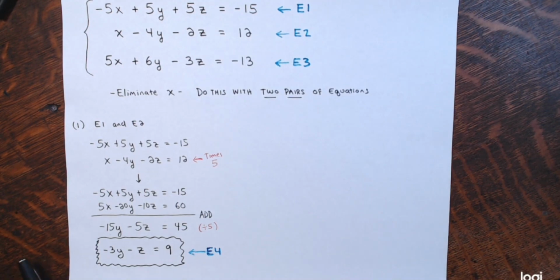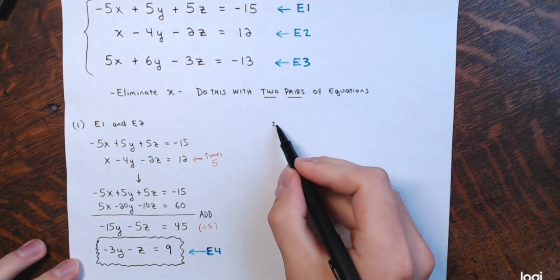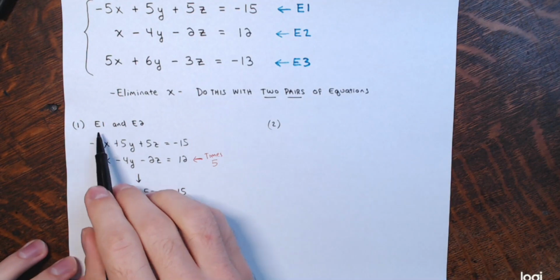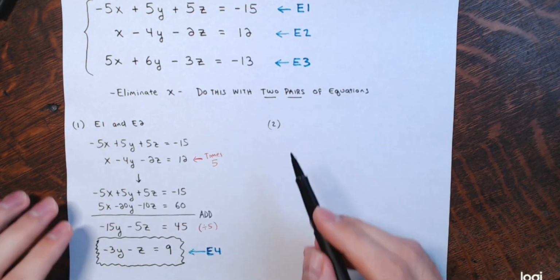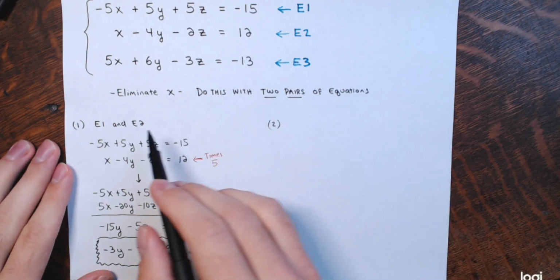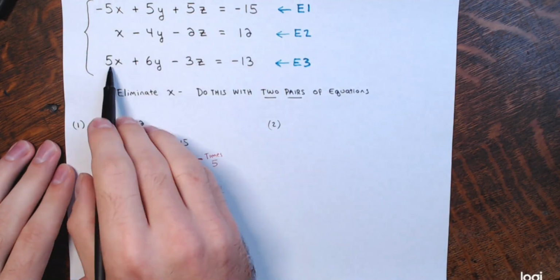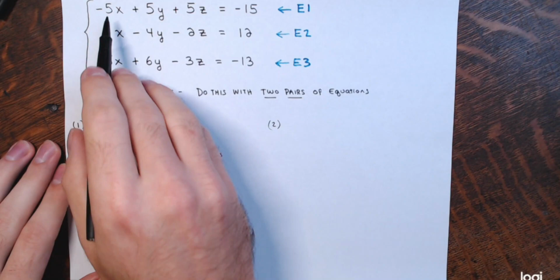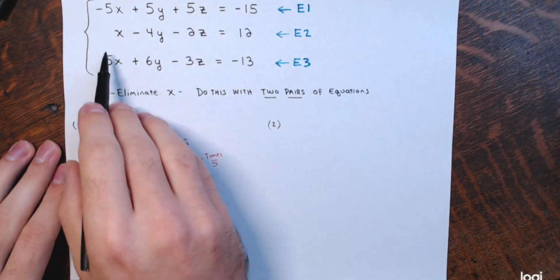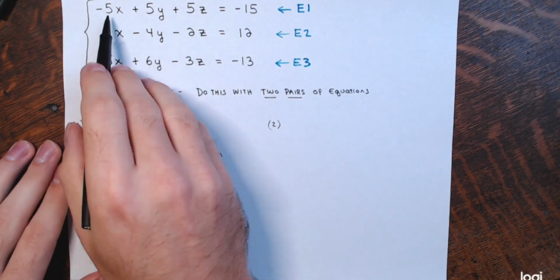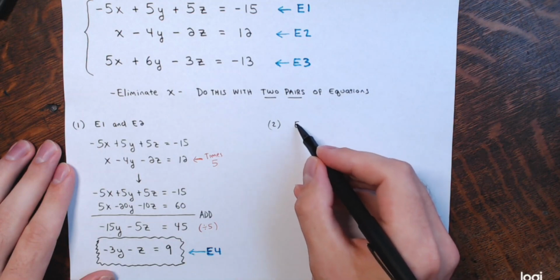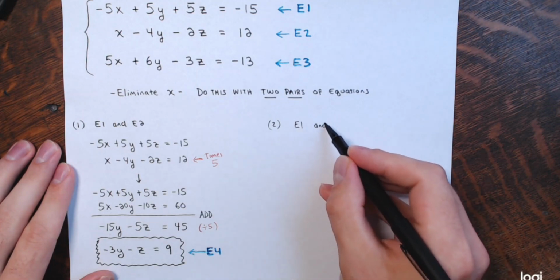All right, so let's do that again. So I eliminated x from equation 1 and equation 2 here. Second time, let's look at equation 1 and 3. They already have opposite x coefficients. I still want to eliminate x, so those will be really easy. So let me do it with equation 1 and equation 3.